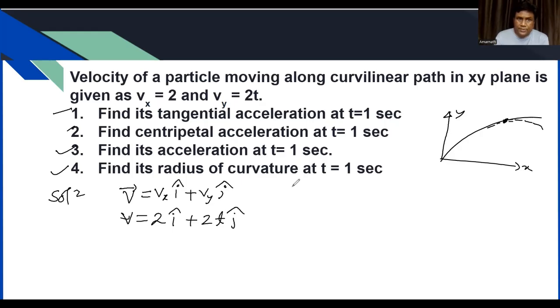Solution. First, we know acceleration is equal to the differentiation of the velocity vector.